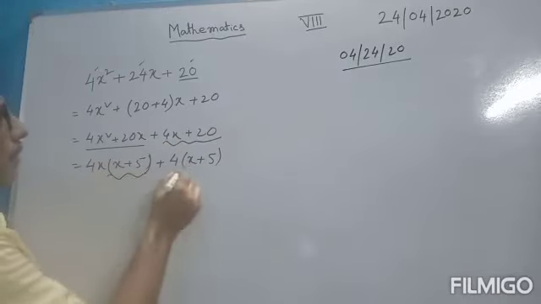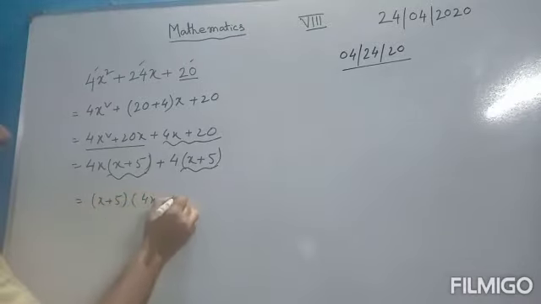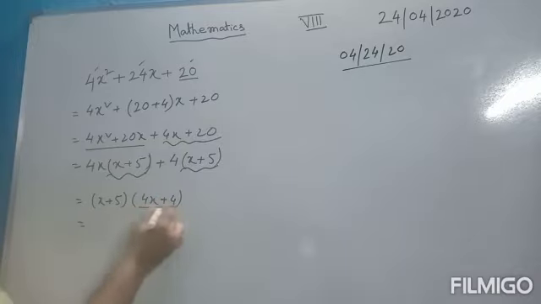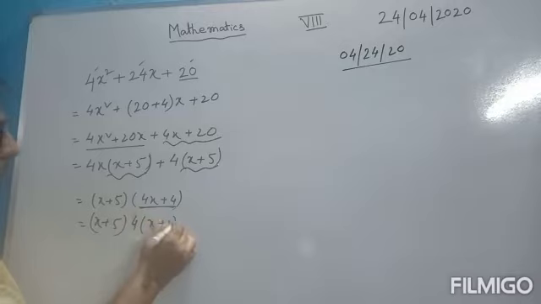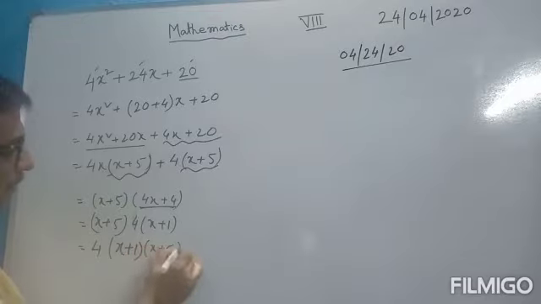Now x plus 5 is common to both. So if we take x plus 5 common, then we get 4x plus 4, or if we again take 4 common, it is x plus 1. So the final answer will be 4 into x plus 1 into x plus 5.